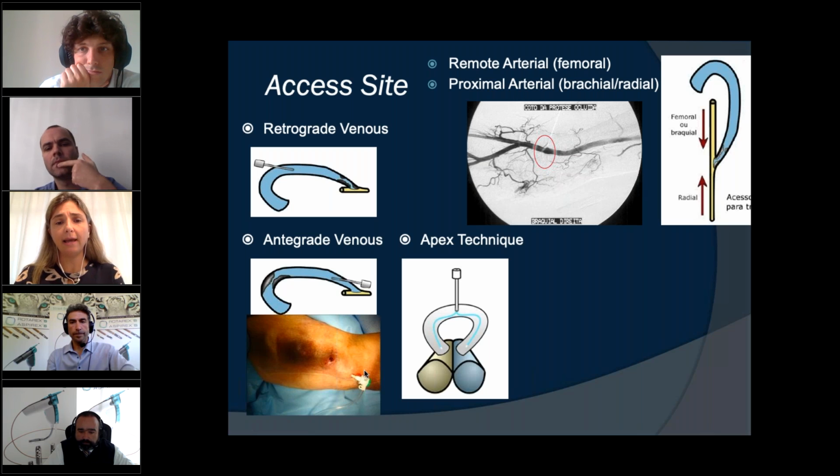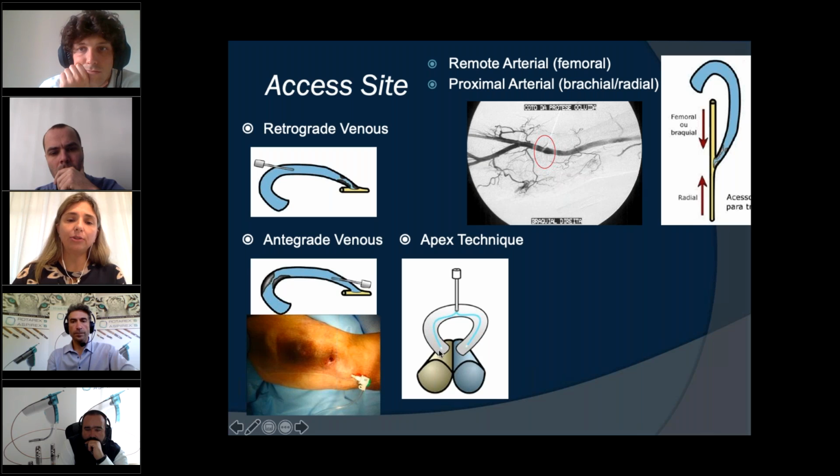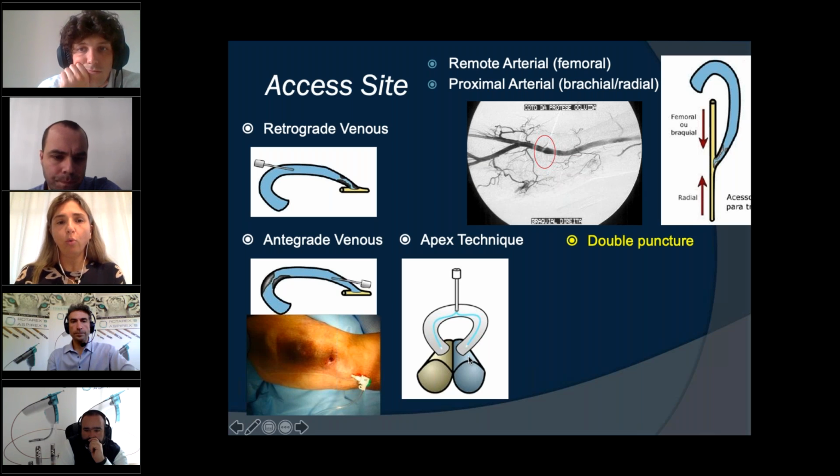The apex technique is not used so much in Brazil because we usually don't use this type of looped graft. So you puncture exactly the apex of the loop, and with a single access, you can get to the arterial site or the outflow venous site of the access.